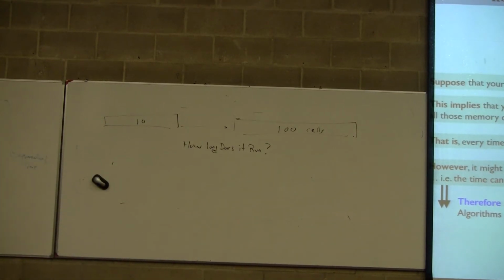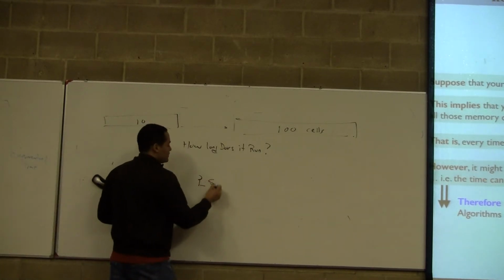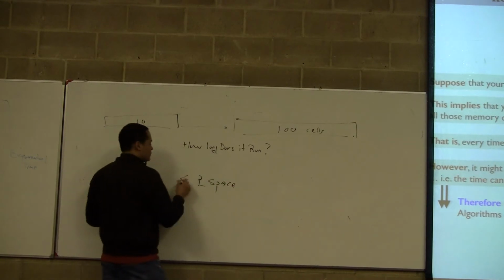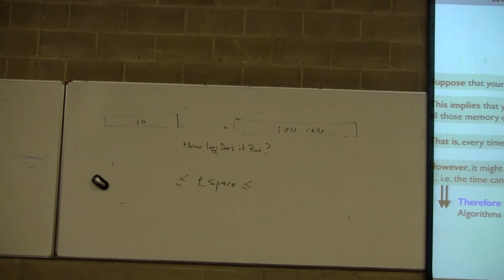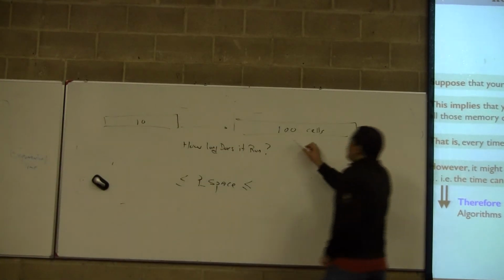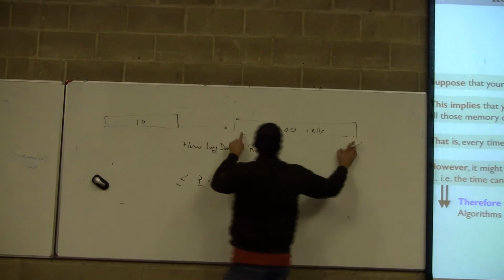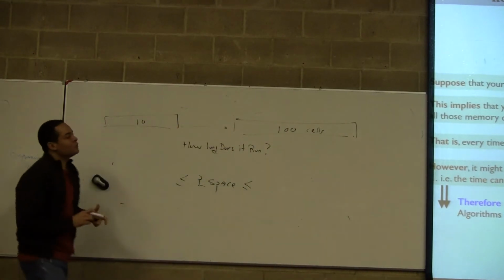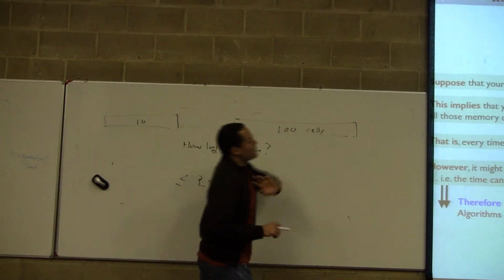So now, what we're going to see is that this kind of algorithm, which is P space, is bounded by two limits. On one hand, you can imagine that if you have these 100 cells being used, that means that a Turing machine that is going to use this, at the minimum, will have to visit all these cells at a particular time.